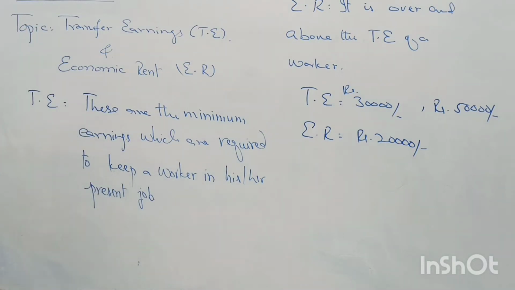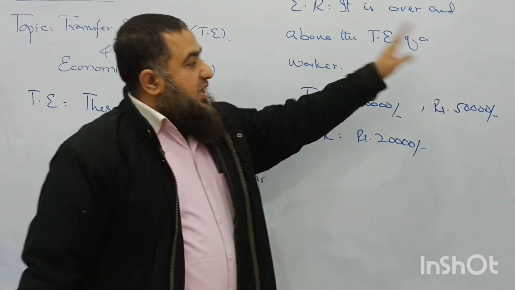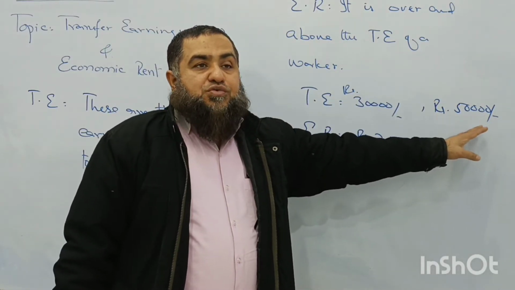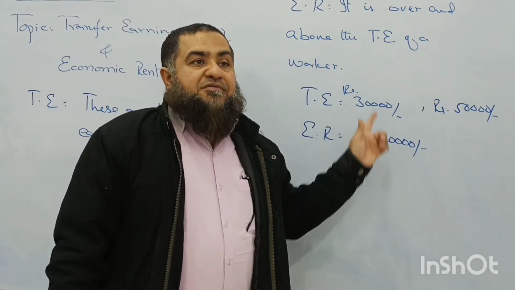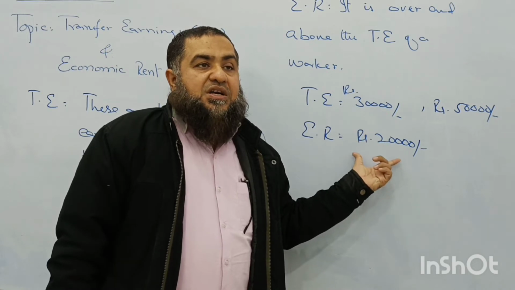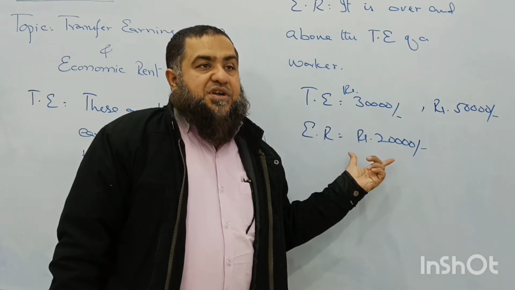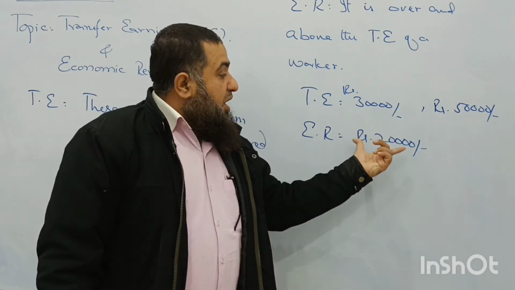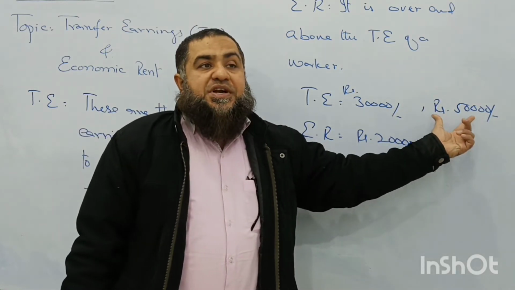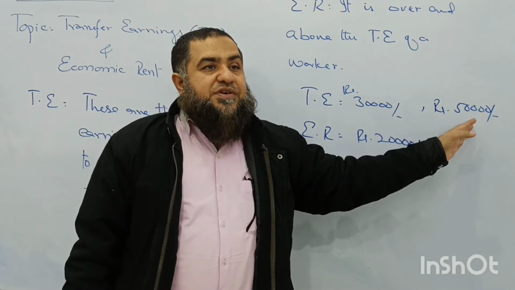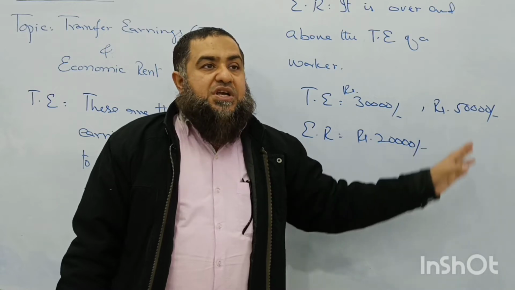So at present job, how much is he earning? 30,000 rupees. When he is offered 50,000 rupees for the new job, over and above the transfer earnings, that is called the economic rent of the worker. Clear? Now this will become the transfer earning at the new job, the 50,000.